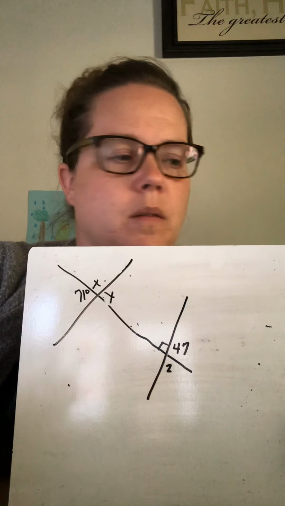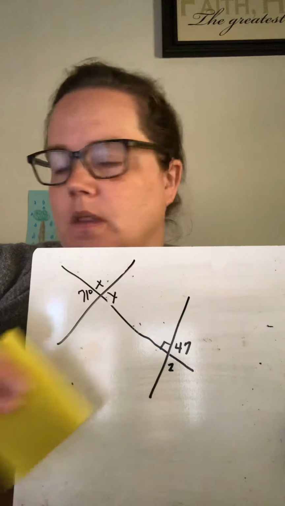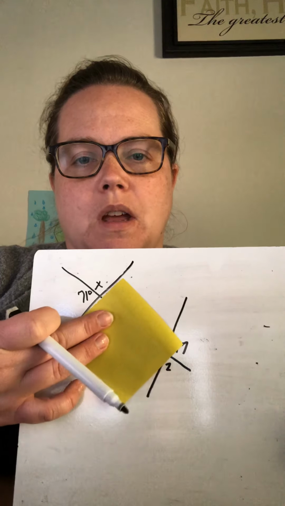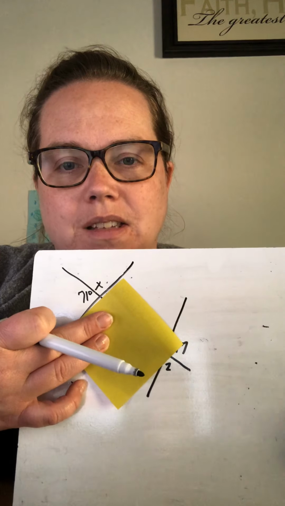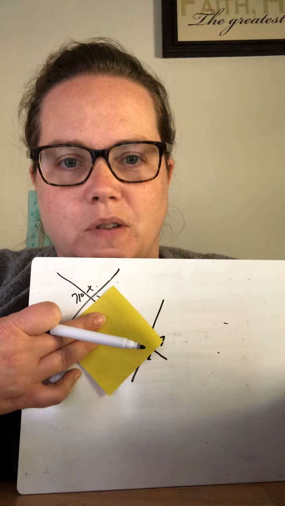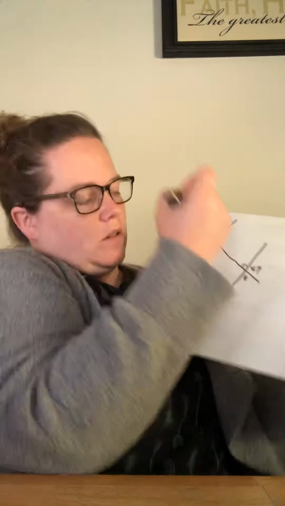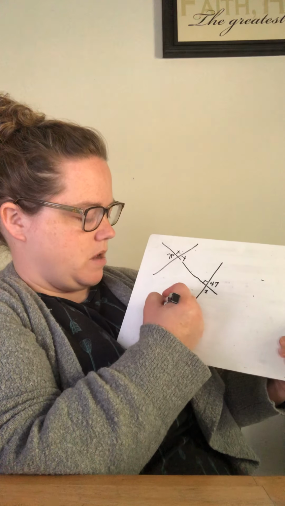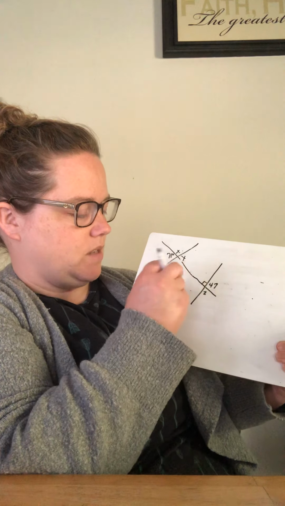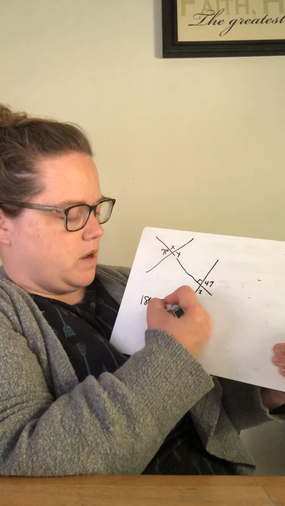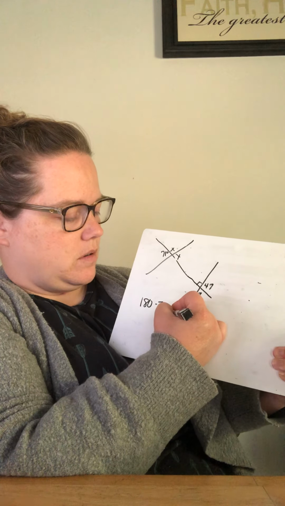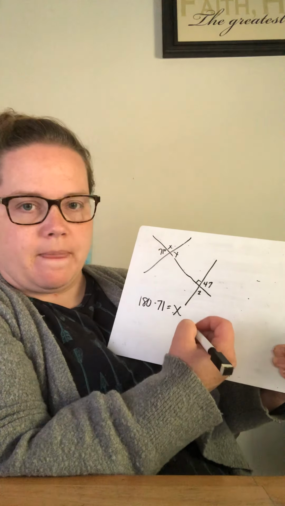So I'm going to break this down and show you that if we're looking at this part here, 71 and X form a supplemental angle, right? So it's going to be 180 minus 71. 180 minus 71 equals X, okay?